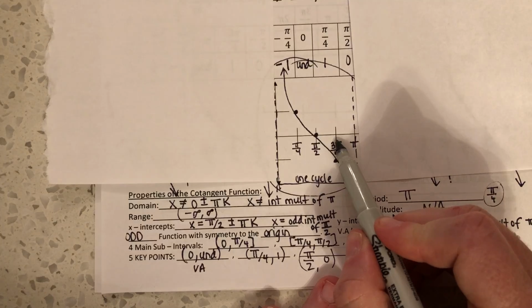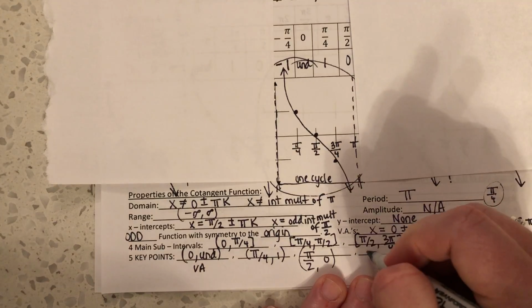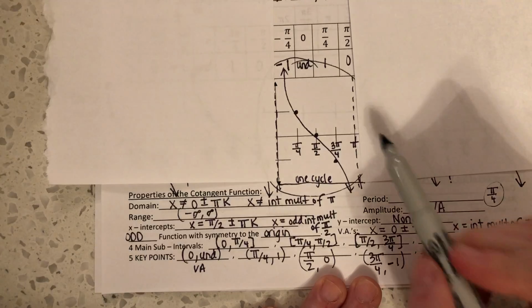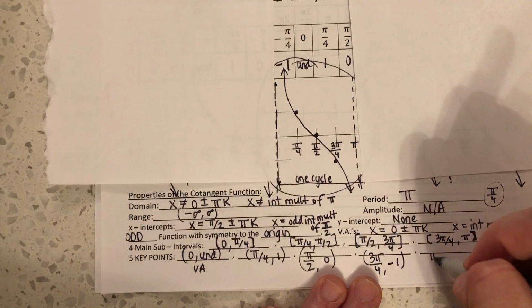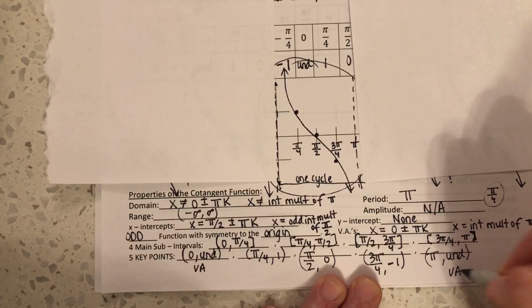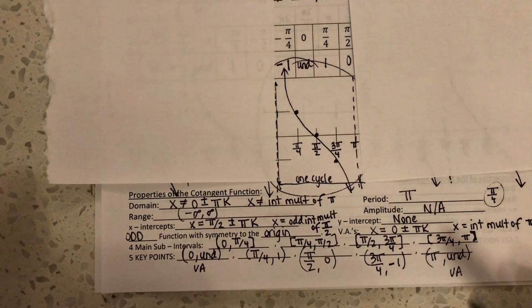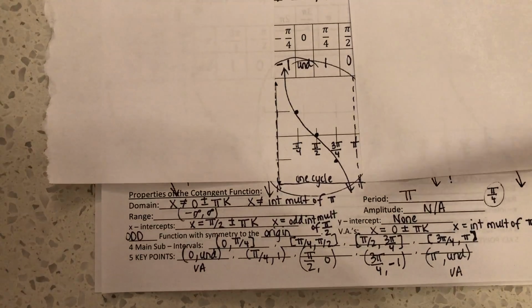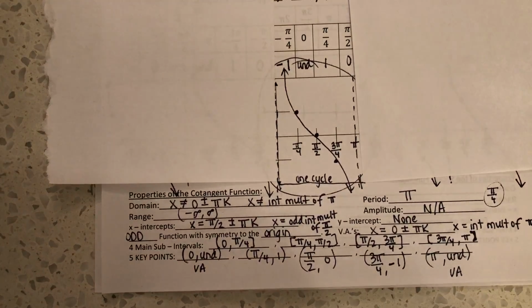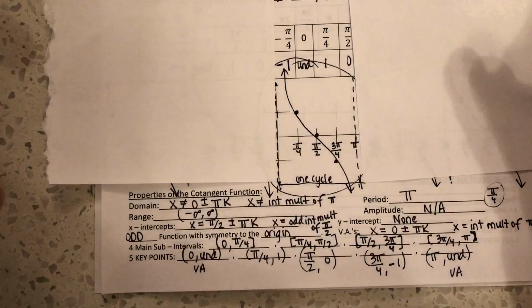Your next key point is 3 pi over 4 went in and -1 came out. And then your last key point is that when pi went in, an undefined came out. And that's another VA. And those are the 5 ordered pairs you can use to create his transformations in the future when you want to whip up a quick sketch of his first cycle. Okay, that is your cotangent graph.